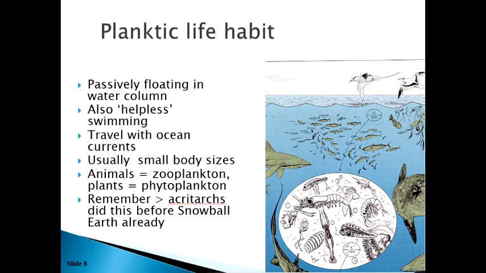And then finally we have the last of the addresses, the location that I'm going to talk about, and this is the planktic life habit. These are organisms that are just passively floating in the water column. They might be actively trying to swim, but they're so small.